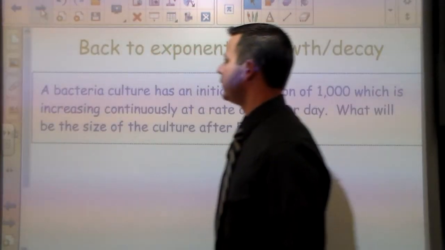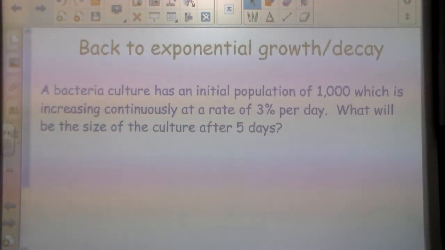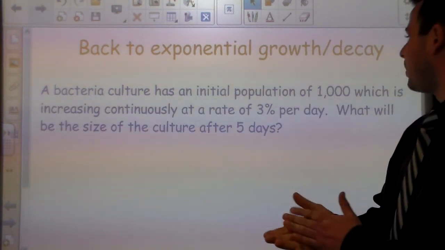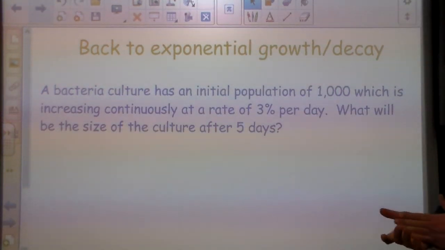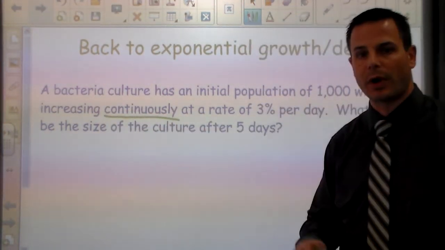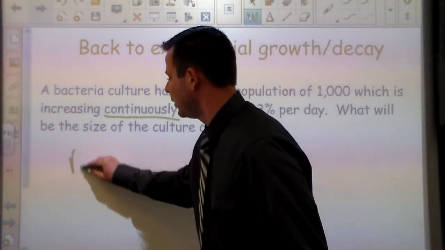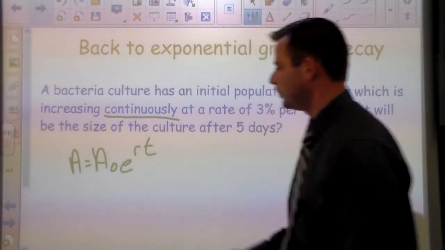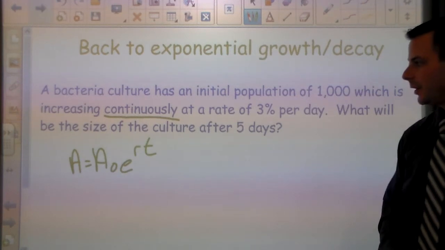So let's go through an example. Let's say we have an example that says a bacteria culture has an initial population of 1,000, which is increasing continuously. Before I go any further, that's my cue to write the formula with continuous, increasing and decreasing.